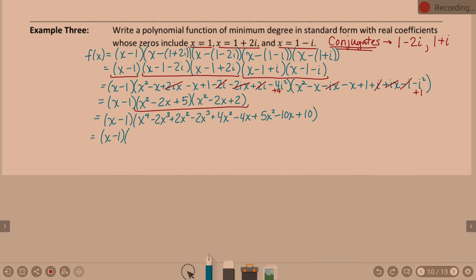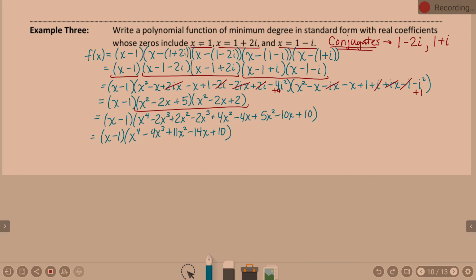And I'm cleaning up. x to the 4th carries down. Negative 2x cubed and negative 2x cubed is negative 4x cubed. 2x squared, 4x squared, and 5x squared is 11x squared. Minus 4x and minus 10x is minus 14x plus 10.